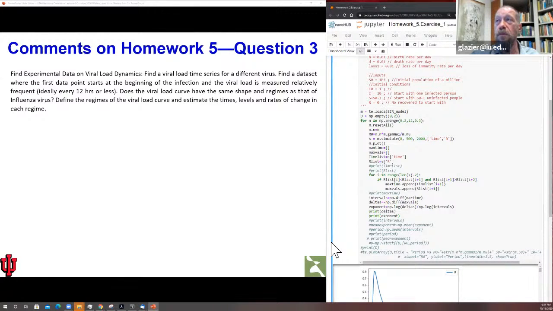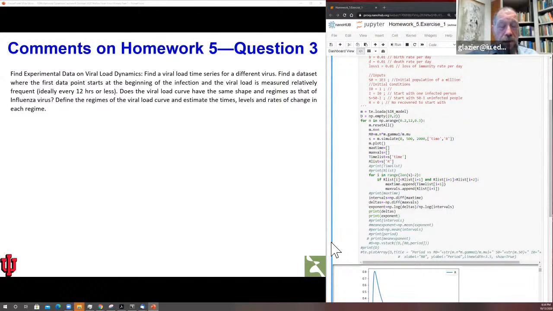The second part of this question was a little bit more involved, which was, does the viral load curve have the same shape and regimes as influenza virus? Some people did that very well. In general, most of the viruses people looked at had very different curves. And that was very helpful. And then the last question was, once you found the curve, defined its regimes, what were the times, levels, and rates of change of each regime?